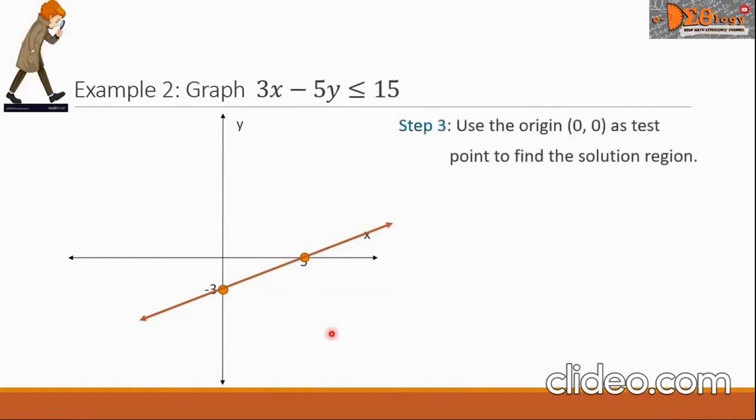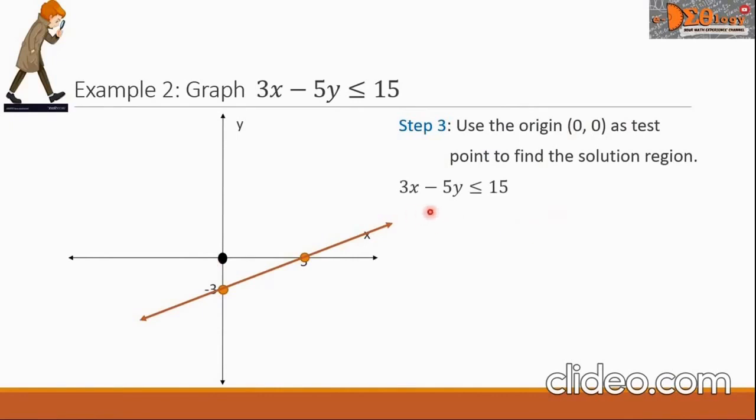Now step 3, we're going to use the origin as the test point to find the solution region. The origin is here. Let us substitute the origin into our original inequality.